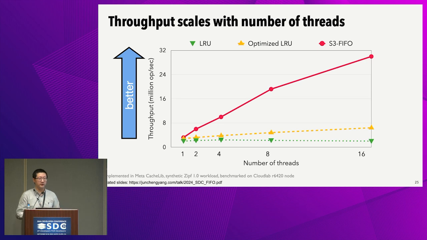All operations either can be implemented using atomics or do not require any synchronization. That's why S354 can scale with the number of threads. At a single thread, S354 is the fastest algorithm because for most requests, it does not need to mutate any state. And at 16 threads, S354 achieves 6 times higher throughput compared to optimized LRU.